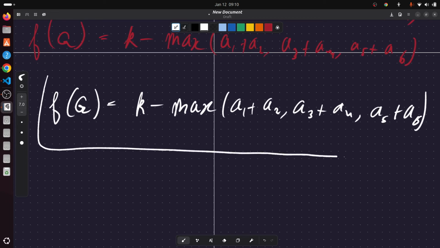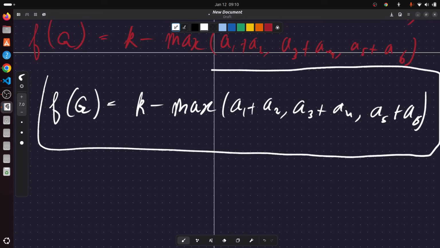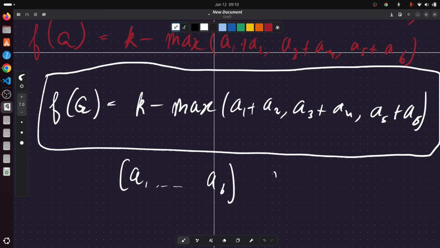Okay, so we have to consider all the possibilities of the array a1 to a6. We have to take all the possible different arrays from a1 to a6 such that each ai is greater than or equal to 1, and the summation of ai is equal to k.